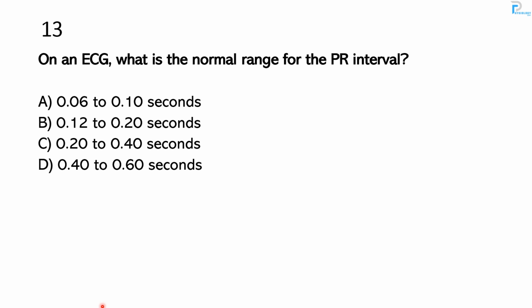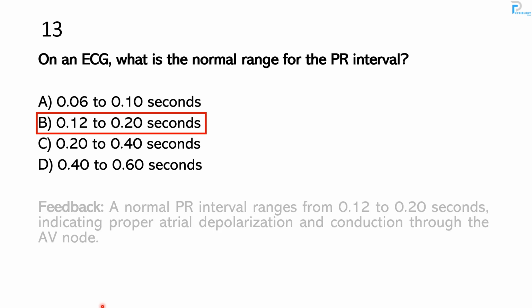So what is the normal duration of PR interval? Normal duration of PR interval is 3 to 5 small boxes. The ECG strips have small boxes and big boxes. So you count 3 to 5 small boxes from the beginning of P wave to the beginning of QRS complex. Let's look at this example here.